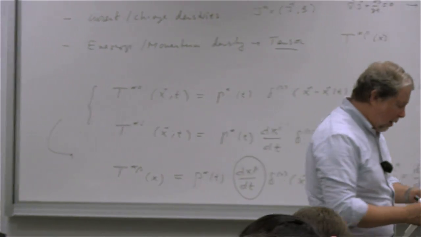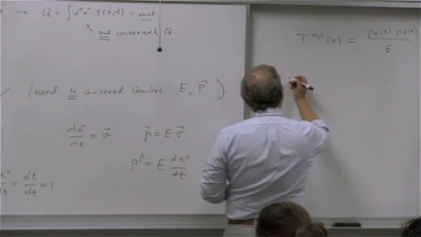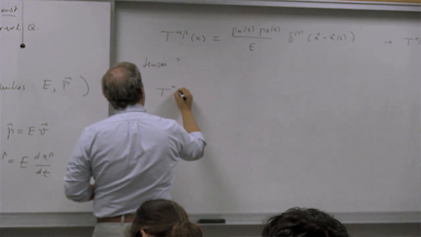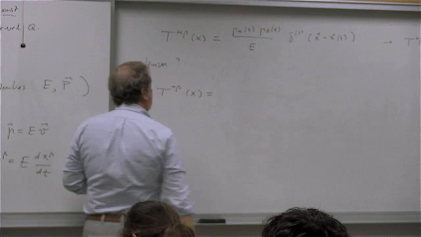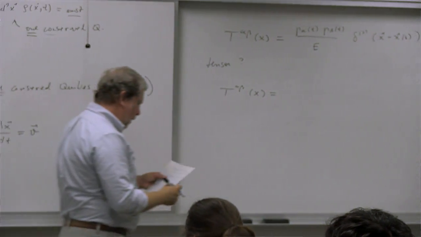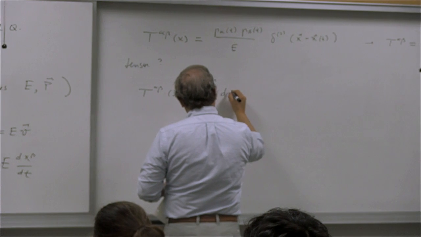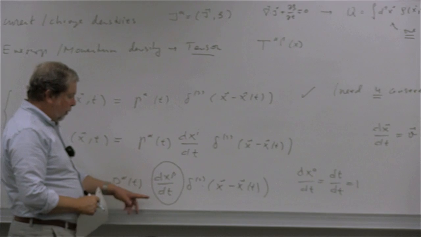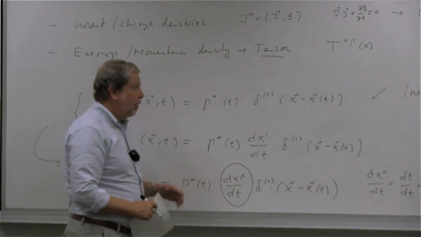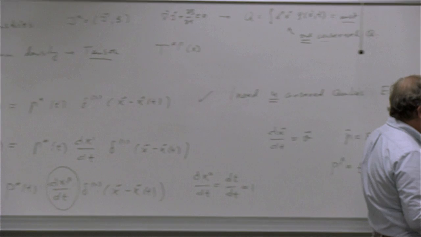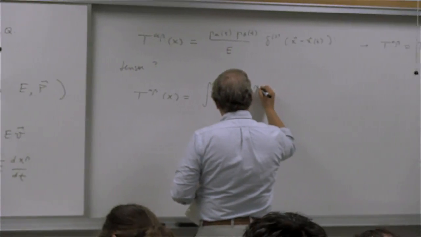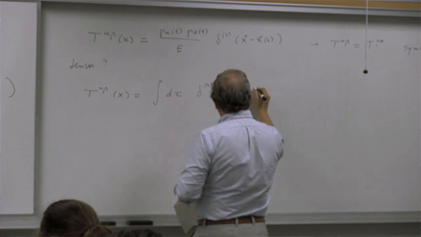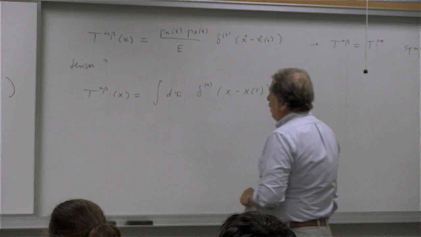And so now we play the same game we did before, right? And we write T alpha beta of x. We can rewrite it as an integral in d tau. We actually go back to this expression here, which is just as good, except it's not manifestly symmetric, but who cares? And we are going to play the same game we did before, that is, write this as a delta function, delta 4 of x minus x of tau, right?